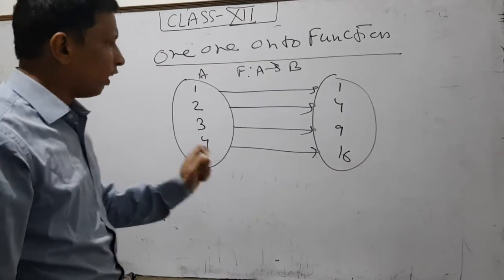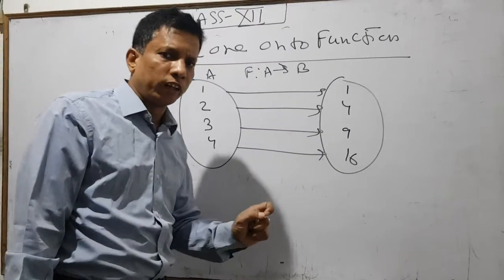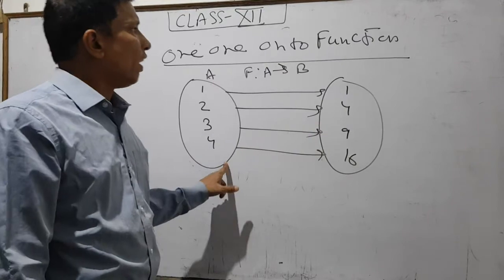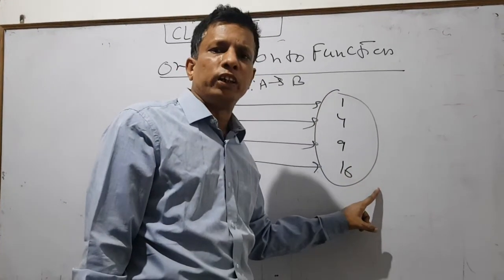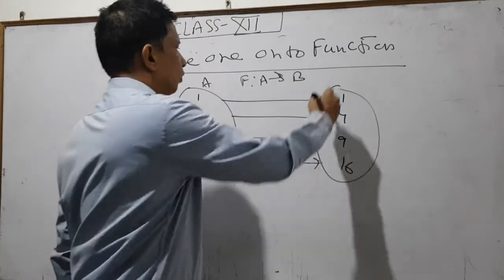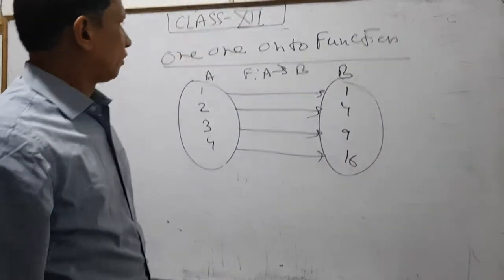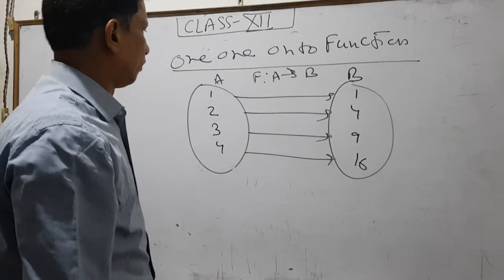It fulfills the property of one-one, one to one image, and the property of onto, no element left in B. Note down this one.